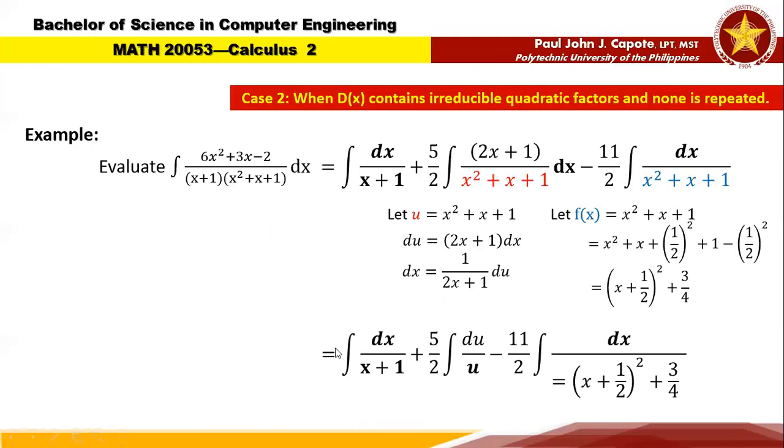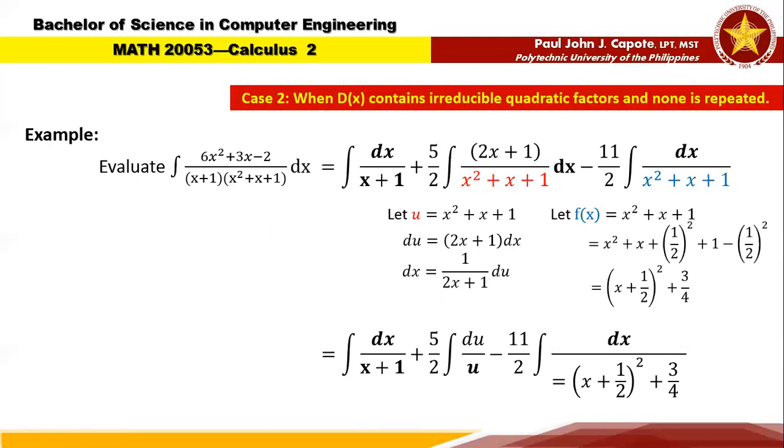So we have the integral of dx over x plus 1, plus 5/2 times the integral of du over u, because 2x plus 1 dx is our du, and x squared plus x plus 1 is our u, minus 11/2 times the integral of dx all over, oh, I'm so sorry, never mind this equal sign.